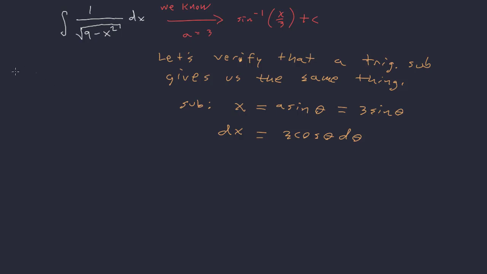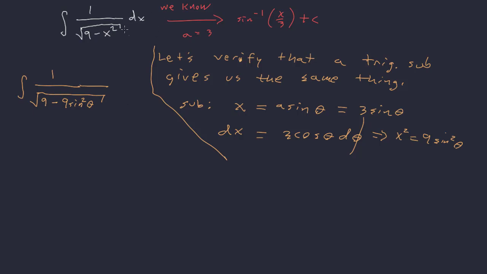All right, so when we make our new integral here, it'll be 1 over the square root of 9 minus, now when we square this, x squared is going to be 9 sine squared theta, because we just square this whole thing. So we'll get 9 minus 9 sine squared theta underneath the square root. And then our dx becomes this 3 cosine theta d theta.